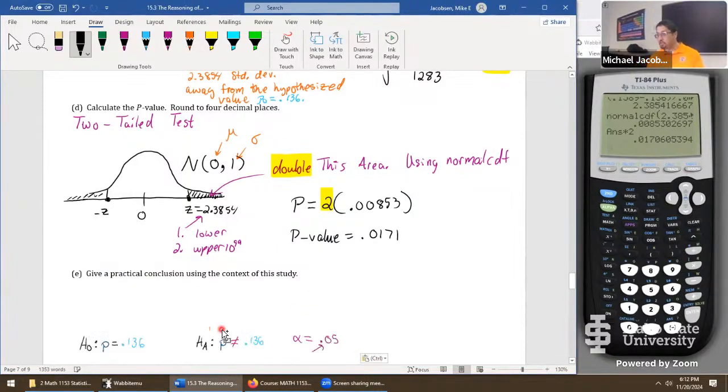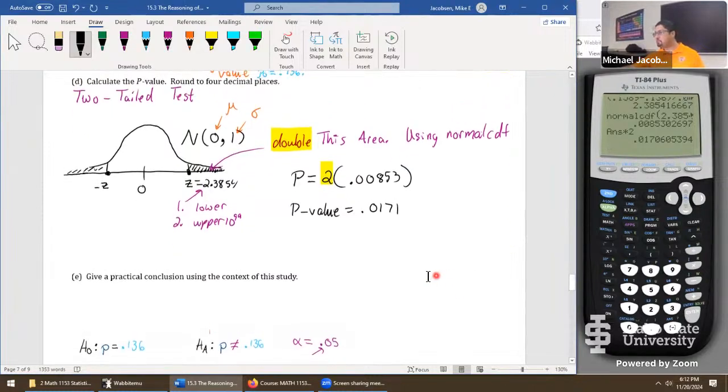We're about ready to give a practical conclusion using the context, but there's a nice thing we should say right here before we go to give that conclusion. Let's say, based on the results we have, since the p-value equals 0.0171, compare that against alpha.